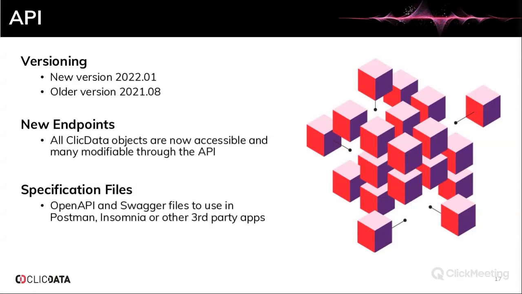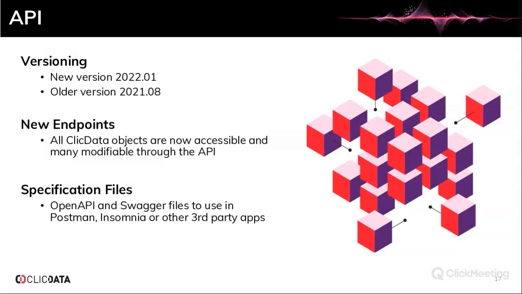Okay, the API got a new version in late 2022. We are now covering with all the endpoints almost everything, all the objects that you can have in ClicData. So you can actually manage everything through the API, creating, updating, removing, getting information from all these objects in ClicData.